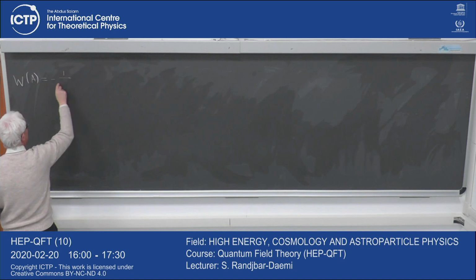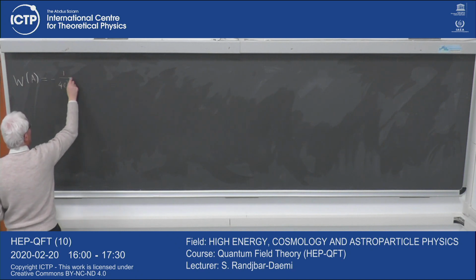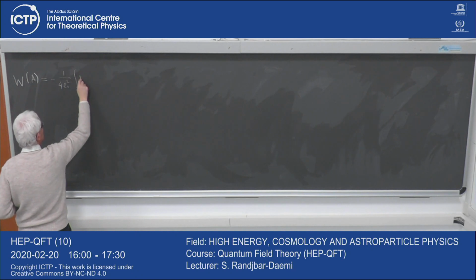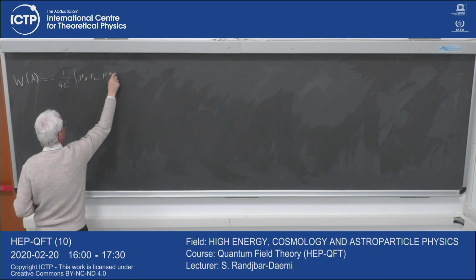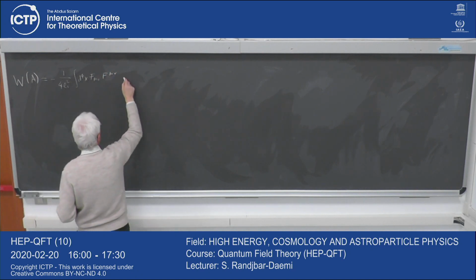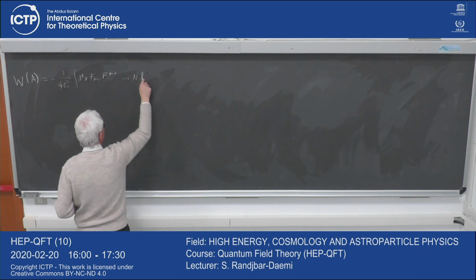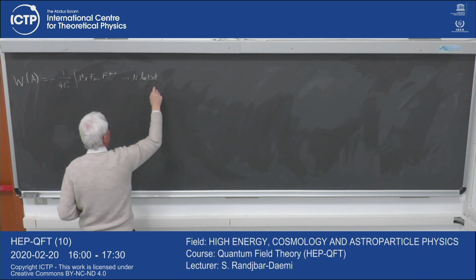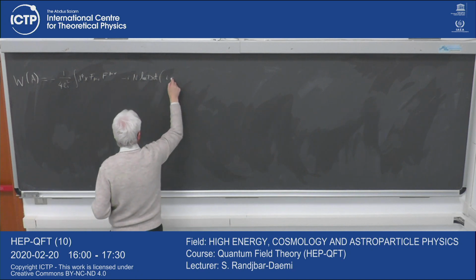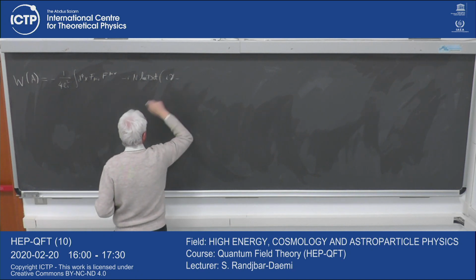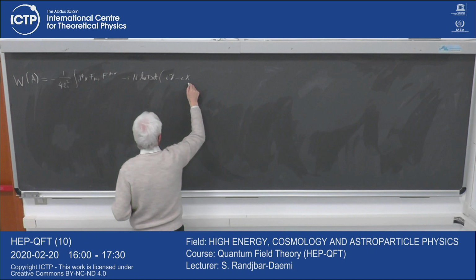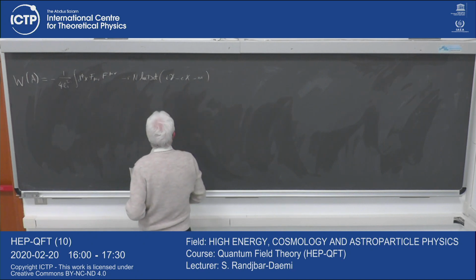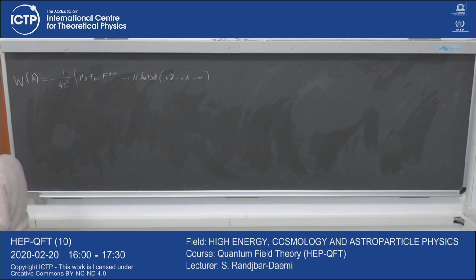One term is the classical Maxwell action, and the second term is a constant times the logarithm of the determinant of the Dirac operator in the background of this vector potential A.